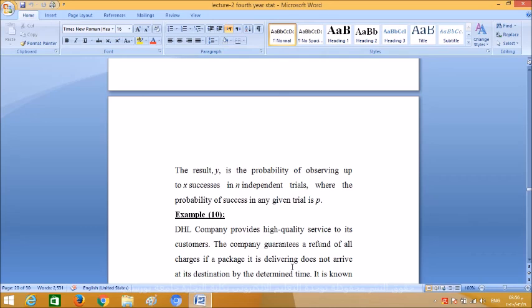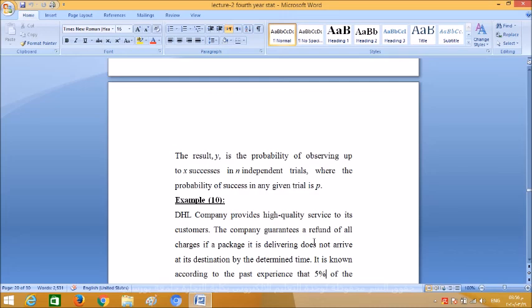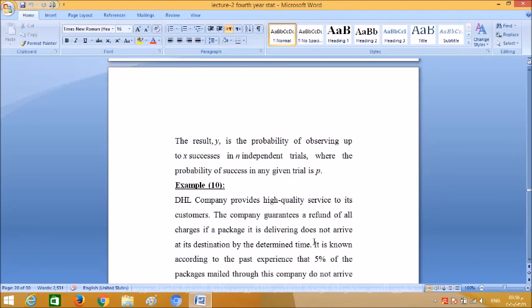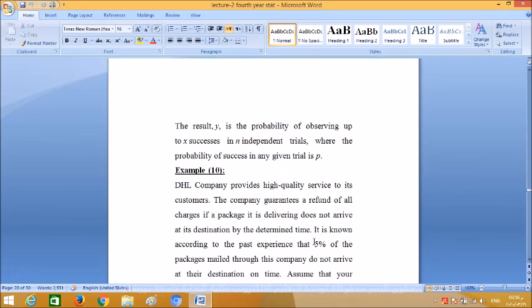Okay, so this means that if a packet is not delivered on time, the refund will be done. Refund. Okay, it's known according to past experience that 5% of the packages mailed through this company don't arrive at their destination on time.